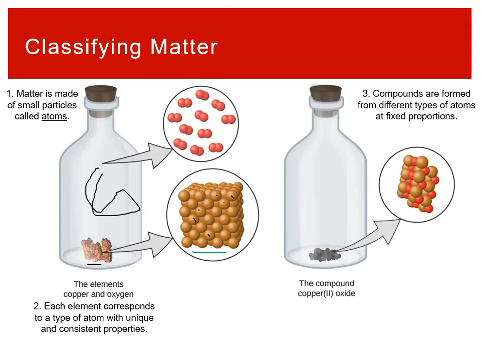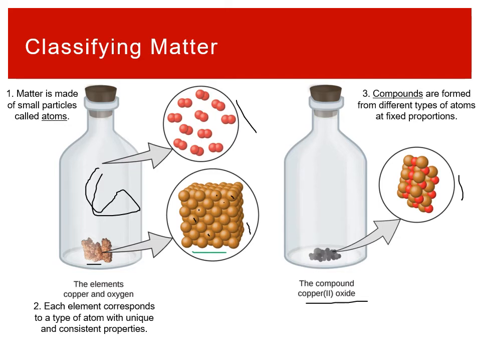We can take those atoms and combine them together to make what we call compounds. And so compounds are when we take those atoms, we bring them together. So we can have, say, copper was an element, oxygen was an element. We can combine them into what's called copper 2 oxide. Okay, so now we have a new sample of matter with new properties that is a combination of different elements.